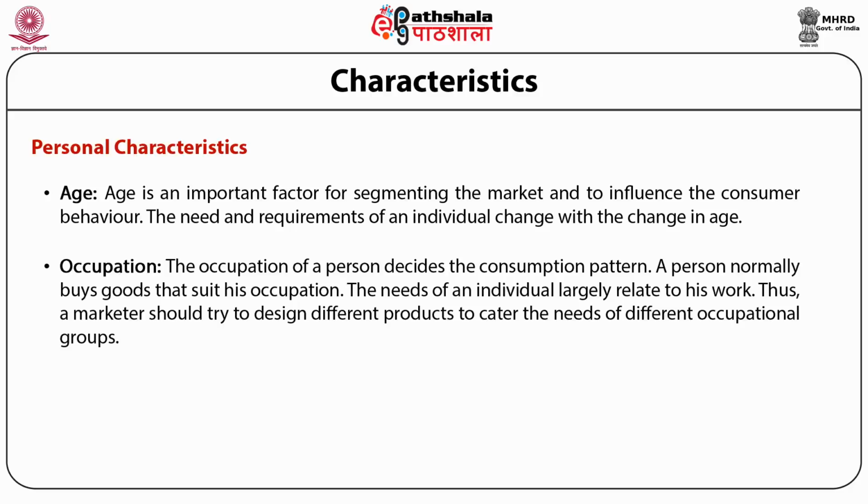A person normally buys goods that suit his occupation. The needs of an individual largely relate to his work. Thus, a marketer should try to design different products to cater to the needs of different occupational groups.